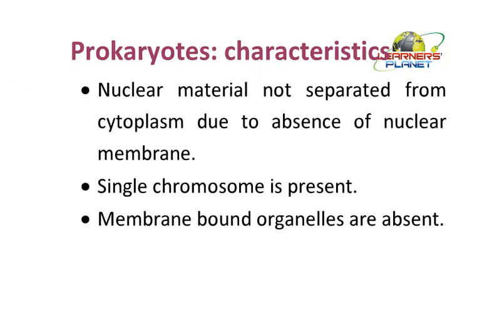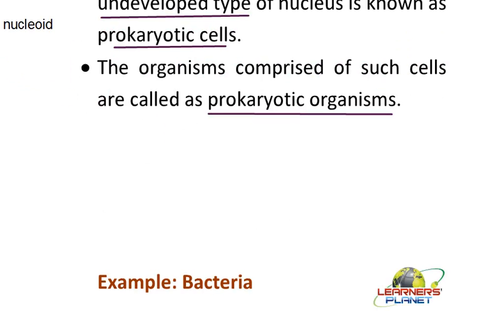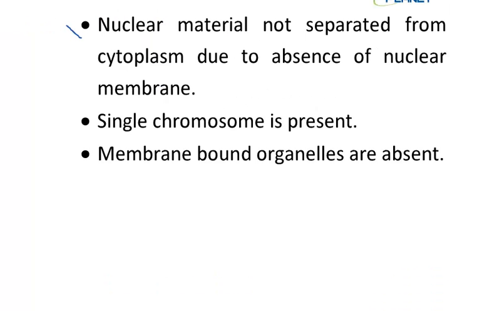The very first property of these prokaryotic cells is that the nuclear material is not separated from the cytoplasm due to the absence of a nuclear membrane. You understand what we mean by this sentence? Nuclear material is definitely present. As we have said, it is in the region called nucleoid. What is this nuclear material? DNA. You can call it chromosome or the genes.